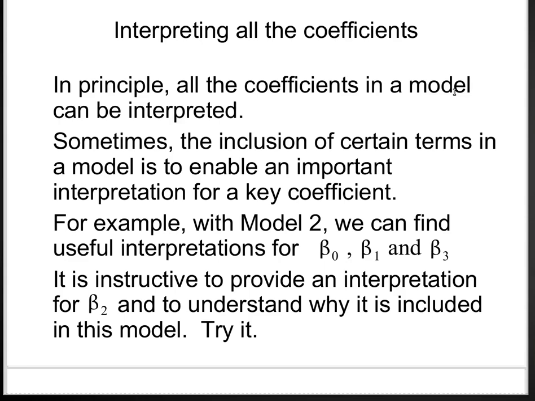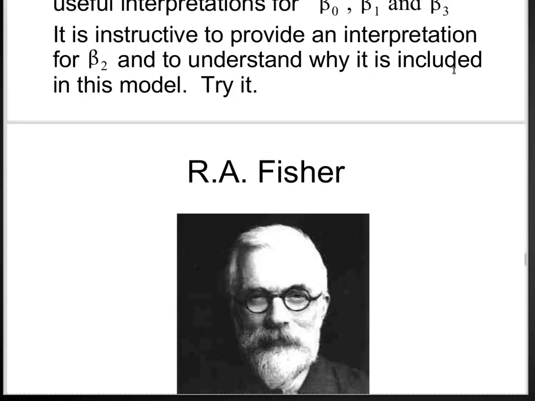I strongly recommend that you take a couple of minutes and go back to the slides where we're introducing Model 2 and provide interpretations for beta naught, beta 1, and beta 3. We've already done beta 3. But try and do it for all of them. All of them have valid interpretations. It's worth spending some time with this now. You can do the same thing with Model 2. Okay.